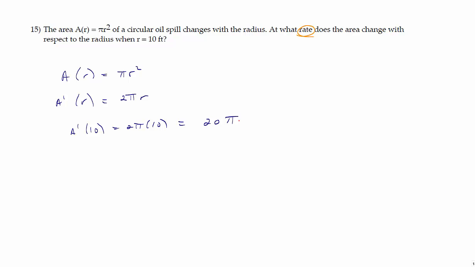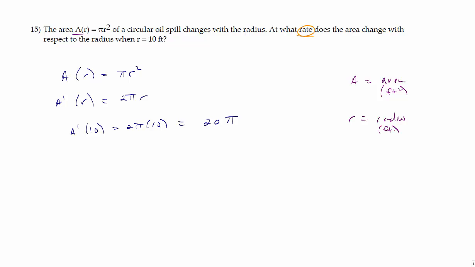All right, so like I said, going back up here, I know that A, which measures the area, is being measured in terms of, well, area is always going to be square units, so that's going to be square feet. And then the radius is in terms of feet; in this case, we're told the radius is 10 feet.